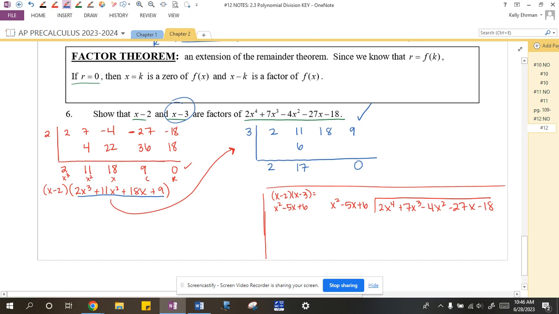So let's see, we would multiply x squared by 2x squared. Subtract this quantity. 7 plus 10 is 17, x cubed. Negative 4 minus 12 is negative 16, x squared. So yeah, I'm getting things to match up. It's not looking great.